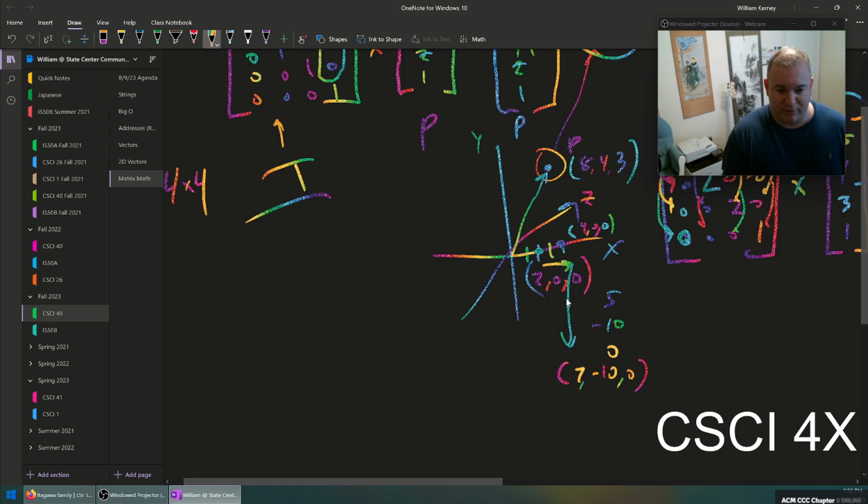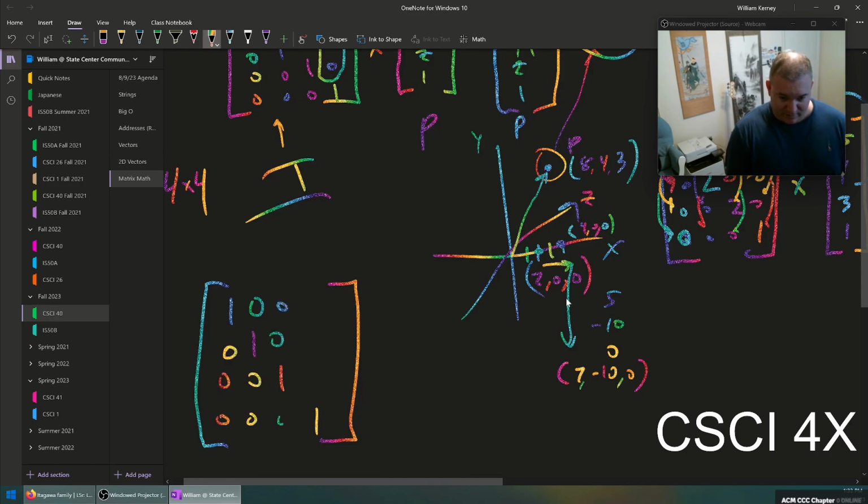So the transformation matrix for that is going to look like this. Just use the identity matrix. We could add it to that one if we wanted to scale and translate at the same time, but I'm just going to show you translation on its own. These three numbers here mean how far we are going to translate the point in the x, the y, and the z direction. So we're moving 7 east, 10 south, and 0 in.